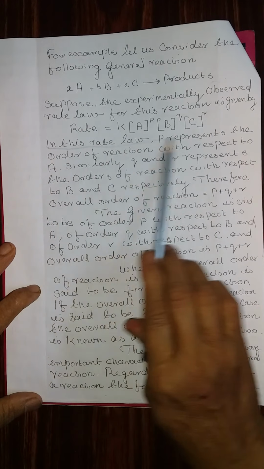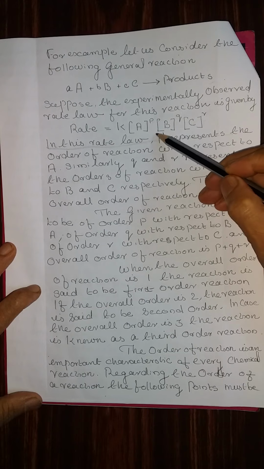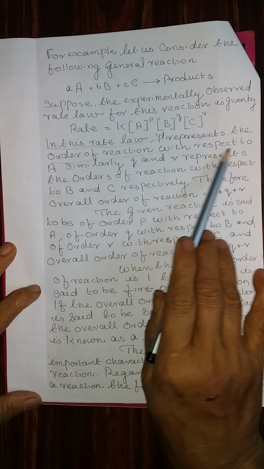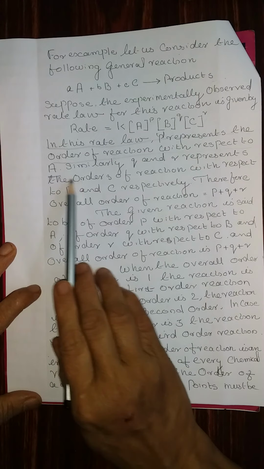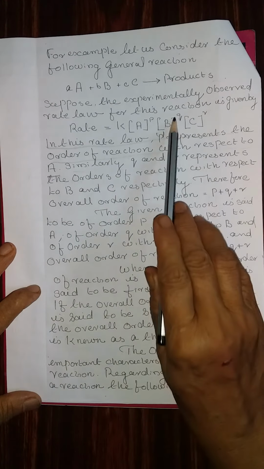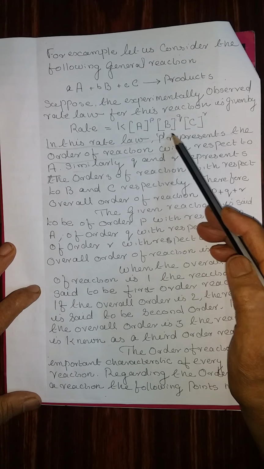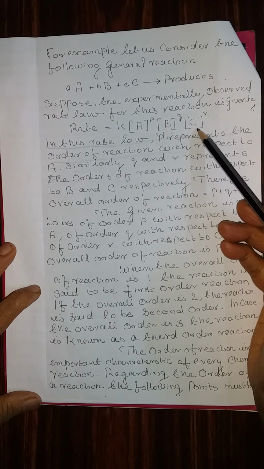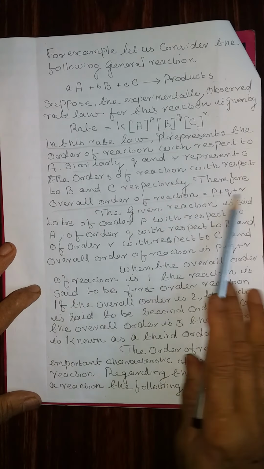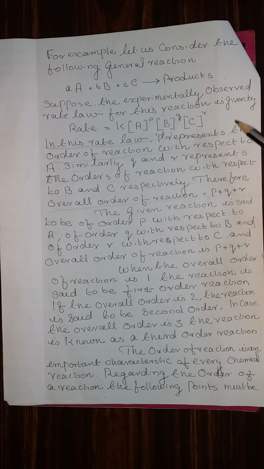In this rate law, p represents the order of the reaction with respect to A. Similarly, q represents the order with respect to B, and r represents the order of the reaction with respect to C. Therefore, the overall order of the reaction is p plus q plus r.